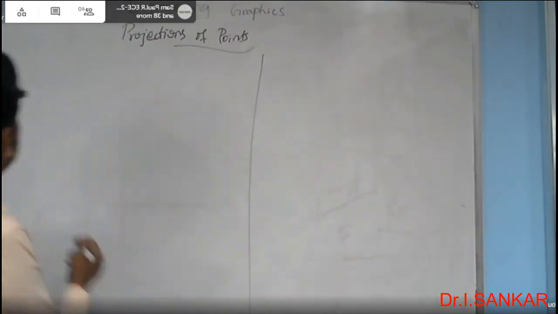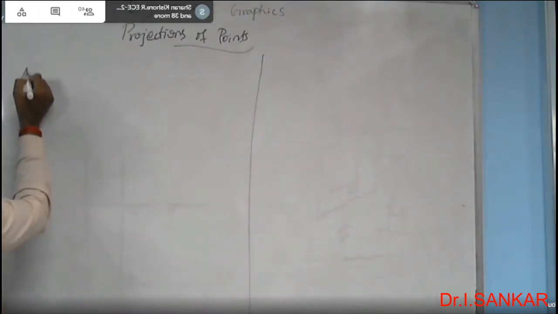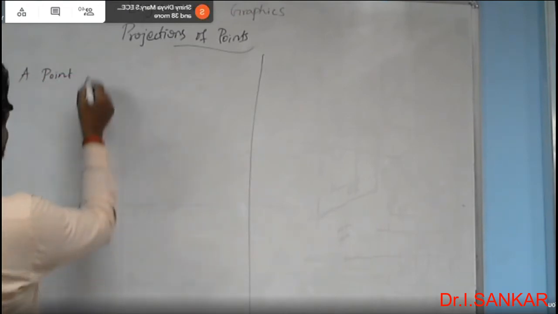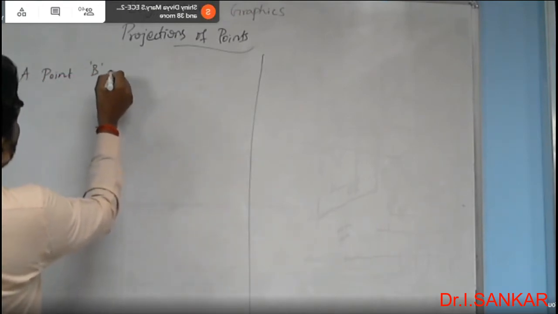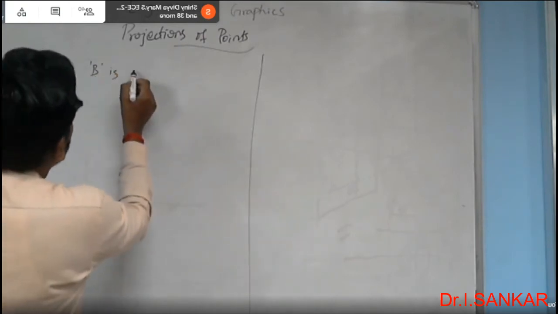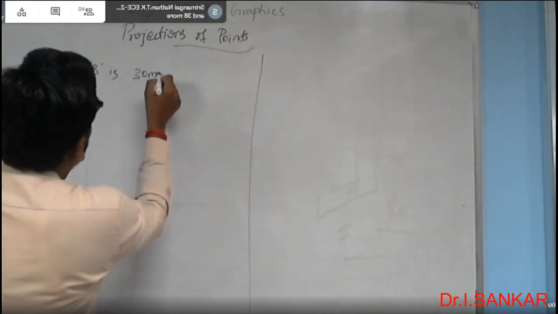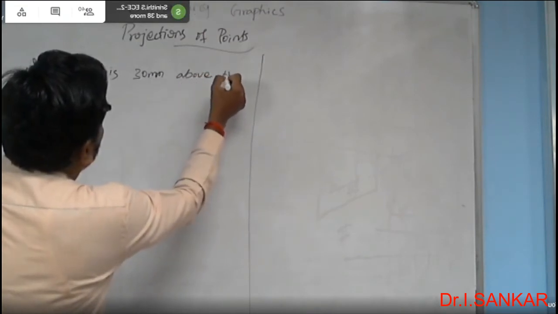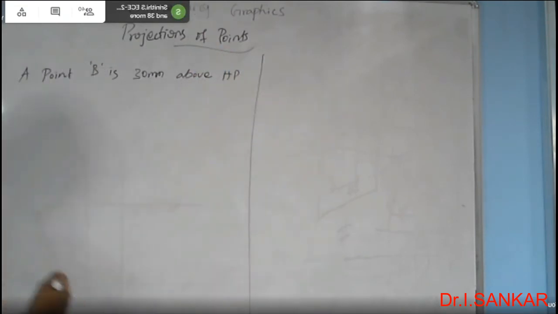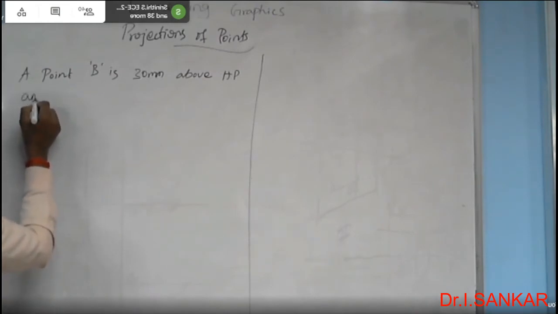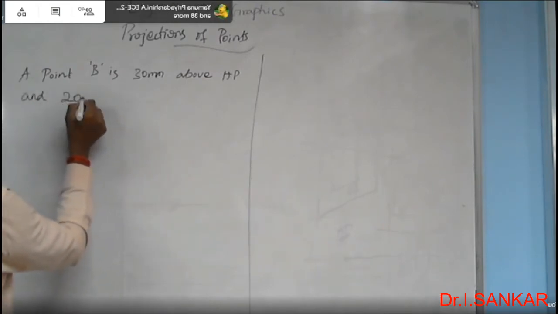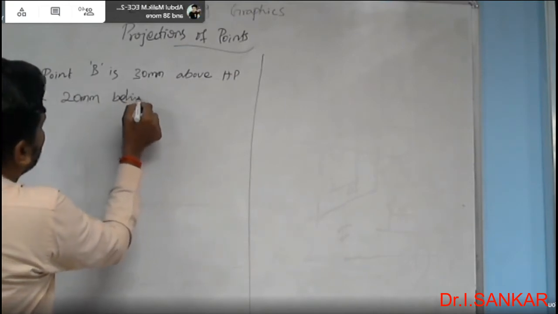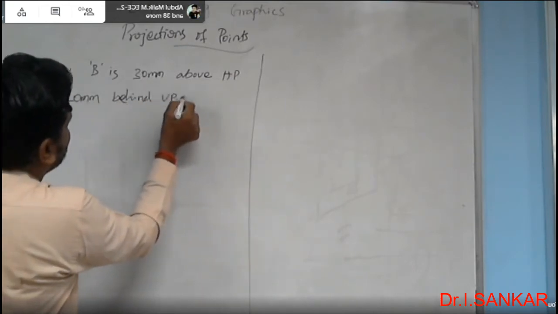The next question here is again a point. Now maybe we change the name as B. It is 30 mm above HP and 20 mm behind VP.